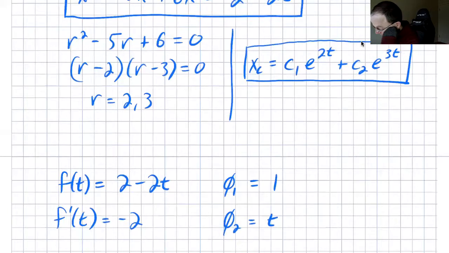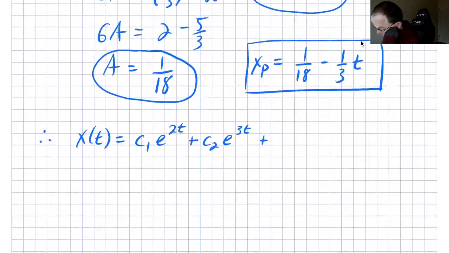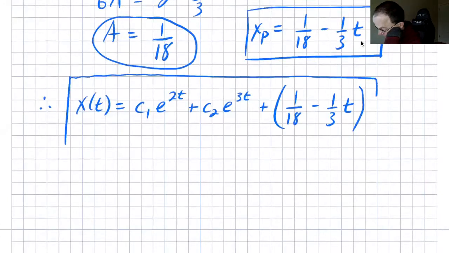There's our complementary solution, plus our particular solution. Okay, so that is x of t right there.